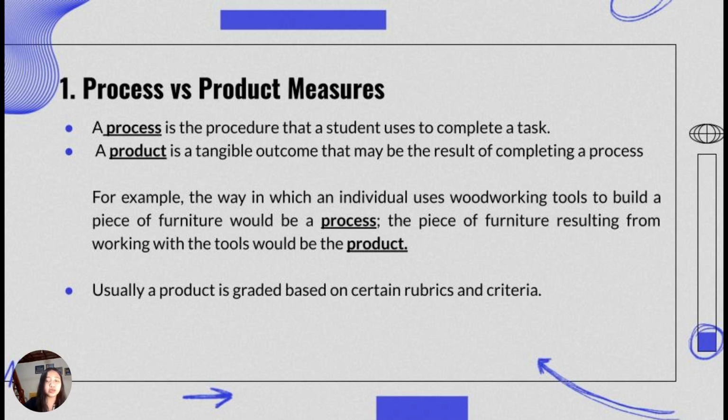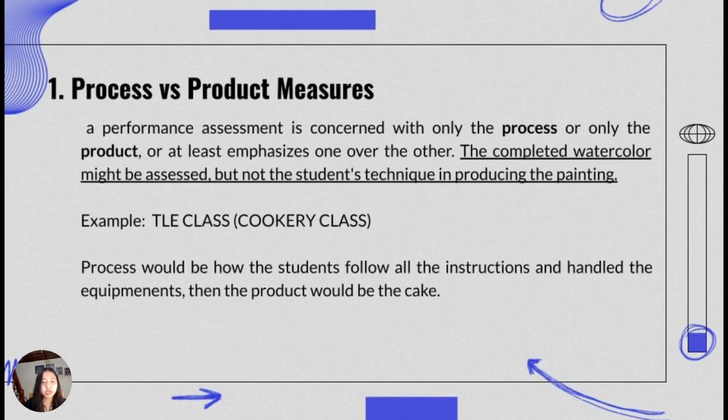So usually a product is created based on a certain rubrics and criteria. Generally, performance assessment is concerned with only the process or only the product, or at least emphasizes one over the other. So for instance, the completed watercolor activity might be assessed, but not the student's technique in producing the painting.